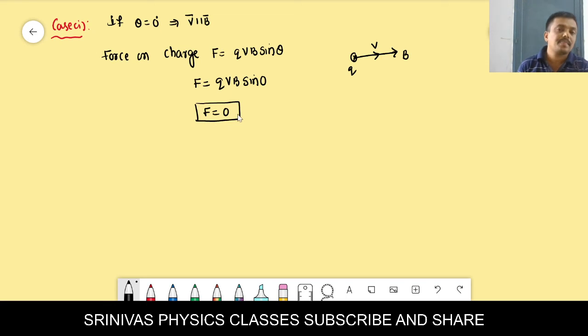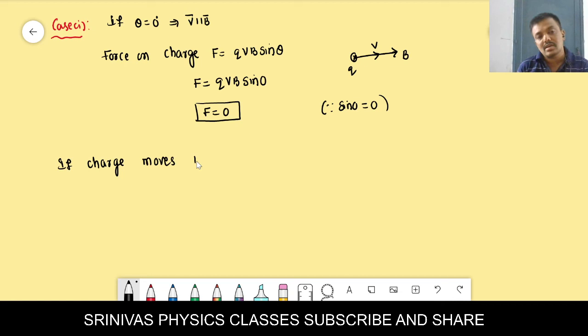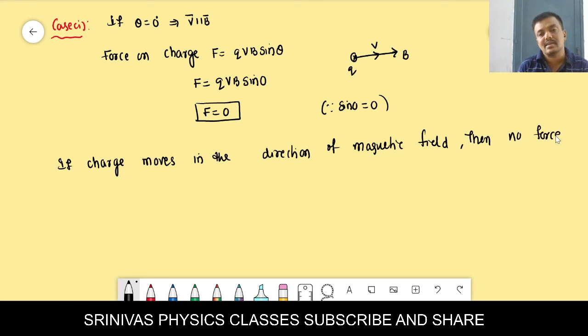Is it correct? Sin 0 value is 0. Then at that moment there is no force on a charge which is moving in a uniform magnetic field in the direction of the magnetic field. If the charge moves in the direction of the magnetic field, then there is no force on the charge, or the force on the charge becomes 0, right?